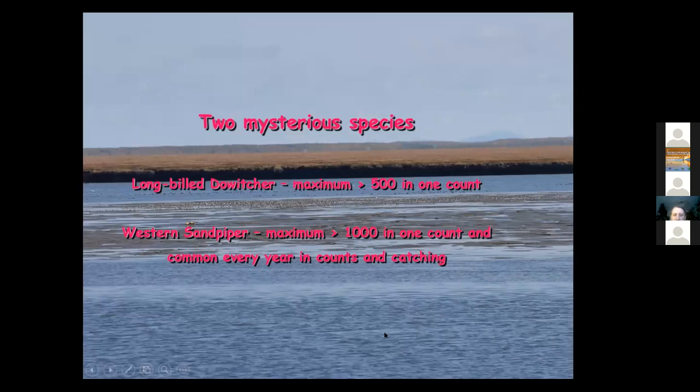Also, we have two mysterious species there. For the long-billed dowitcher, the maximum count is 500 birds, and for the western sandpiper the maximum is 1,000, maybe even some thousands. These species are common every year in counting and catching. But both of these are American species, and we have no evidence of good concentrations south of our area.